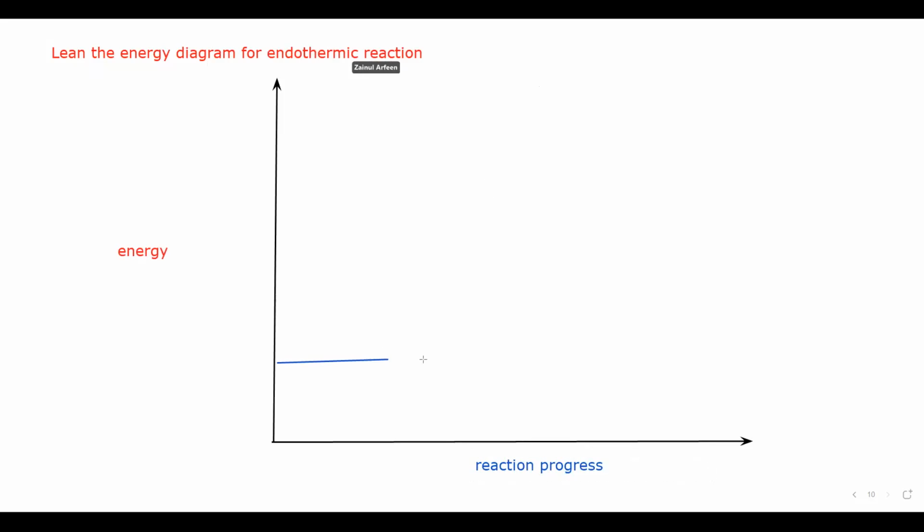So reactants will have low energy in endothermic reactions, and the product which will form will have high energy. So what happened? The reactants absorb energy, and as the reactant absorbs energy, its energy is increasing, and at a certain point they start the reaction.